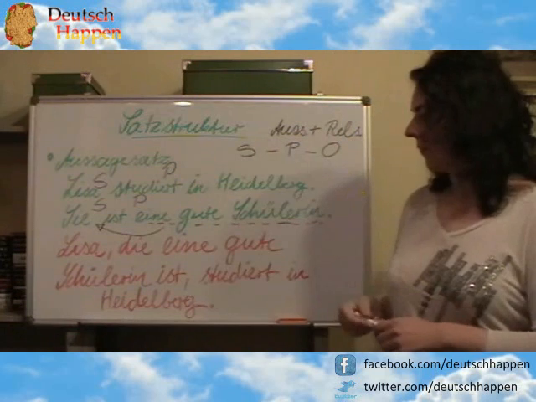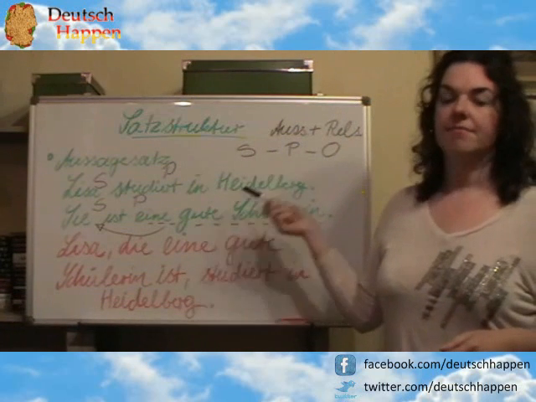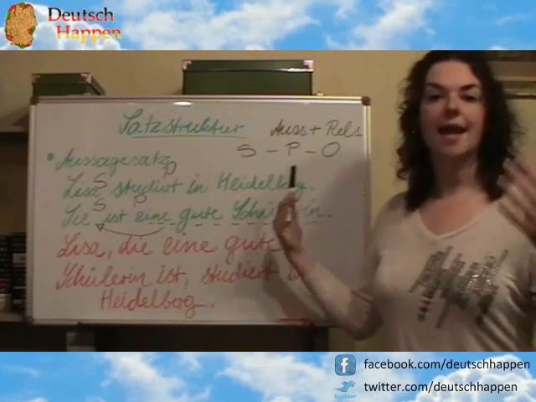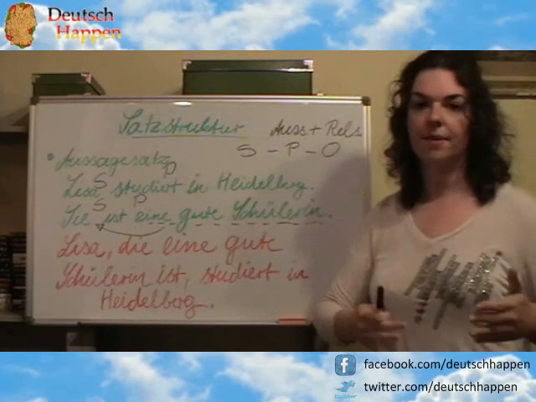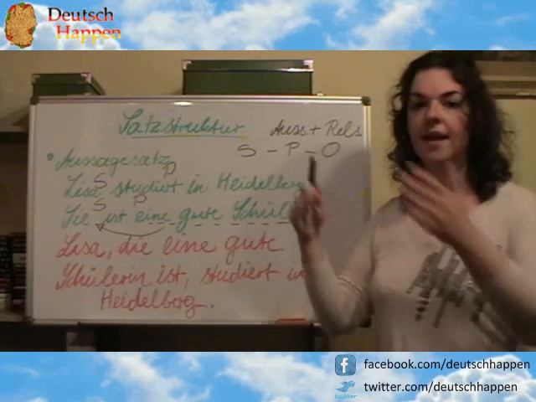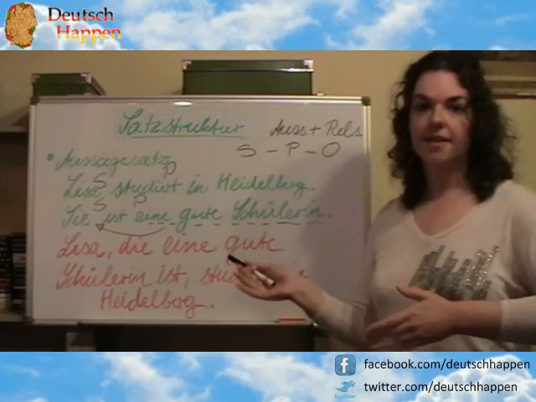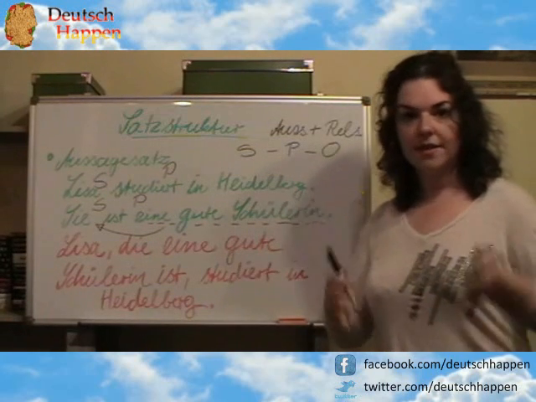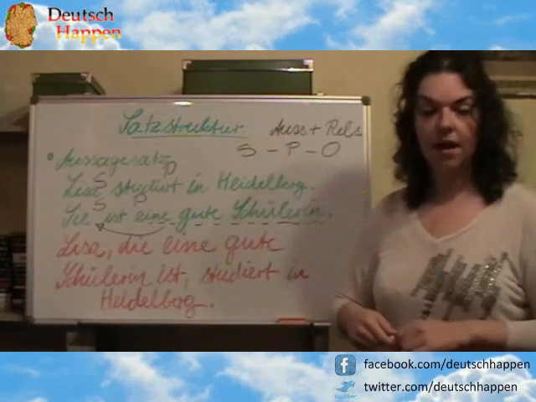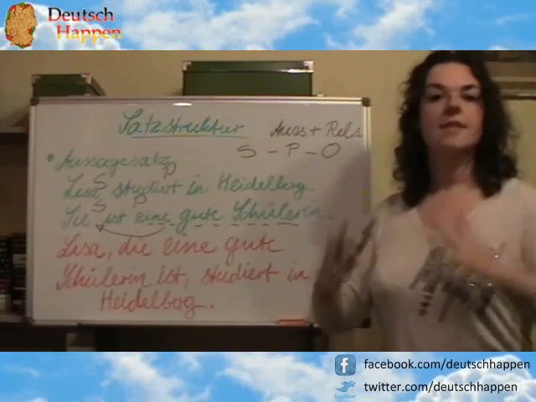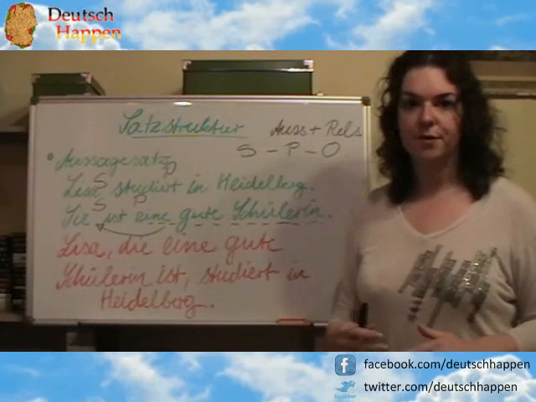Now, it always happens like this. You can have two objects in a sentence, then it's normally a direct object and an indirect object. These may be in the accusative and in the dative and not only in nominative like here. But generally this is the sentence structure we use.